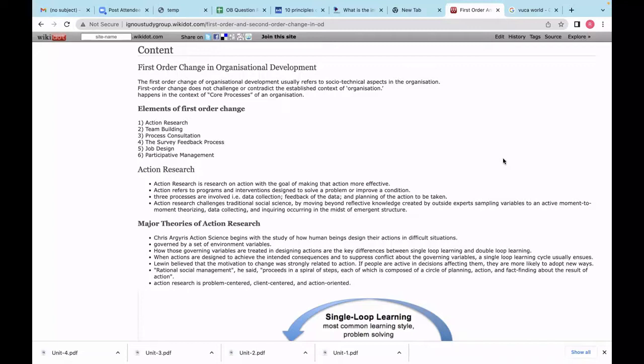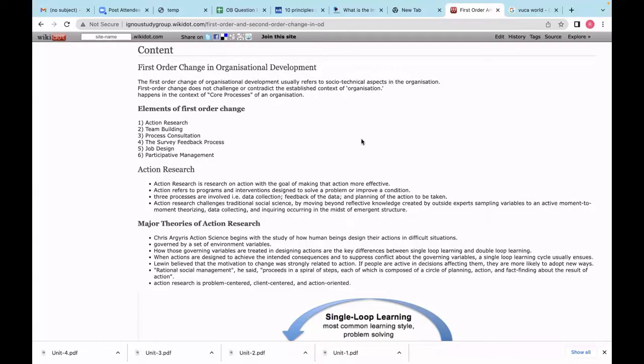Okay. So what it usually refers to is something that doesn't challenge or contradict the context of the organization, right? Things like how you are going to design your job, etc., could be your core processes, which it will still do. So things like how do you do the action in a better way?